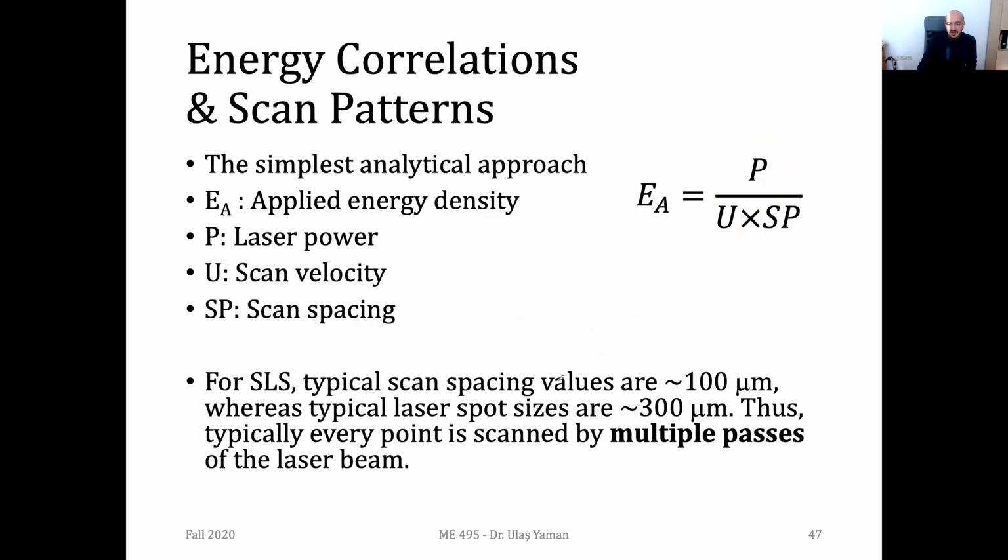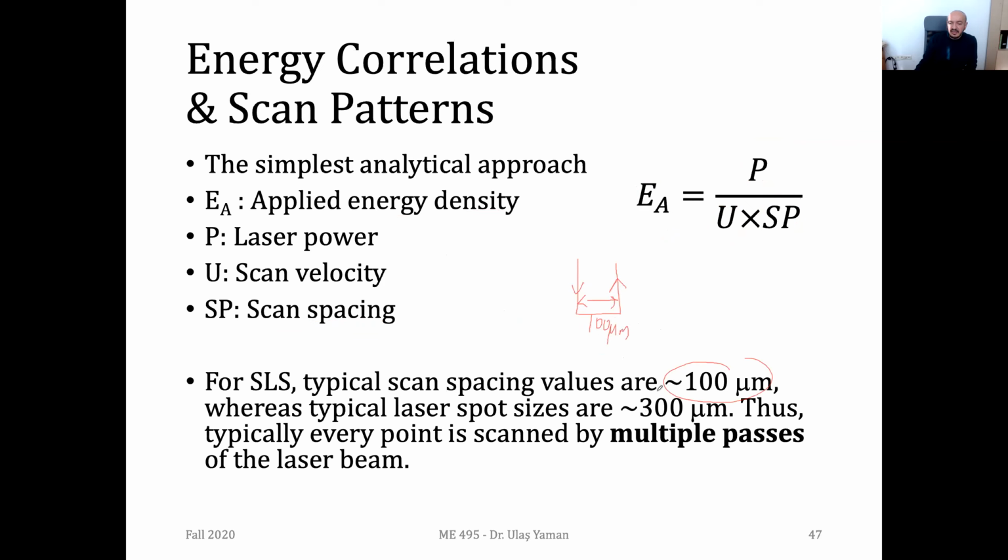And we have some typical values. For instance, in SLS, selective laser sintering systems, the scan spacing is usually around 100 micrometers. Let's say this is the scan spacing, 100 micrometers.